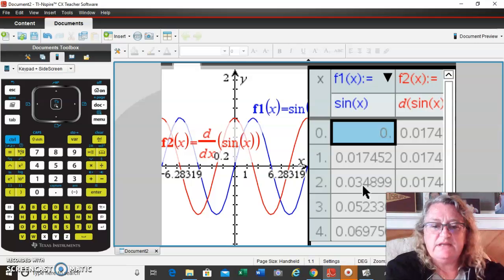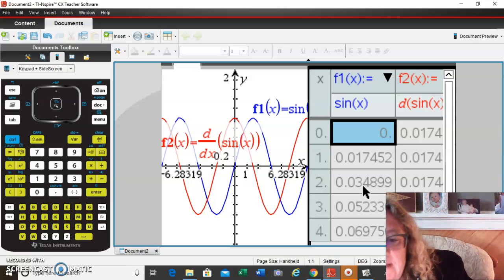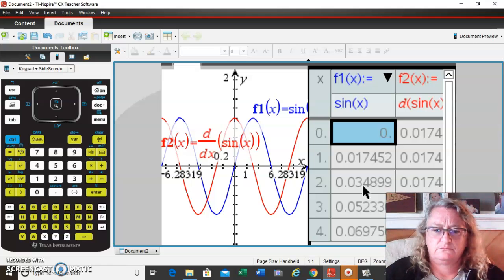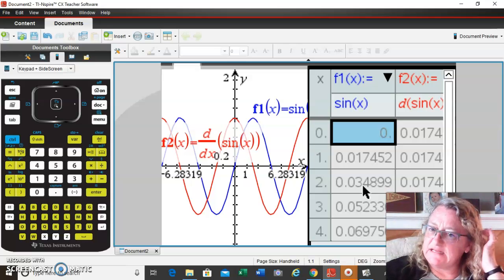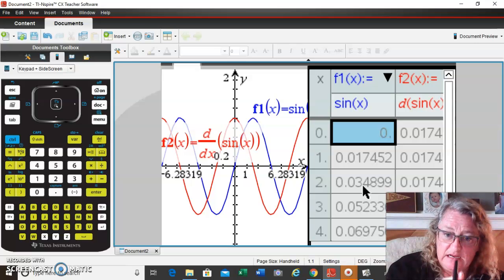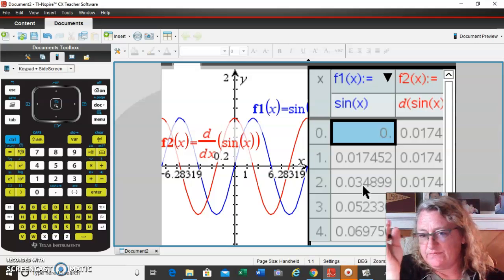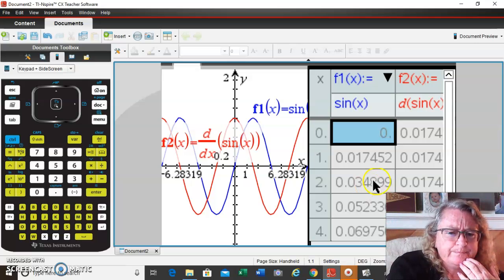If I take 0.034899, that's got to warm up. Basically, I can check these, but what I should be seeing is that the sine of this squared plus the cosine of that squared should both equal 1. I'm questioning because they don't quite look right.